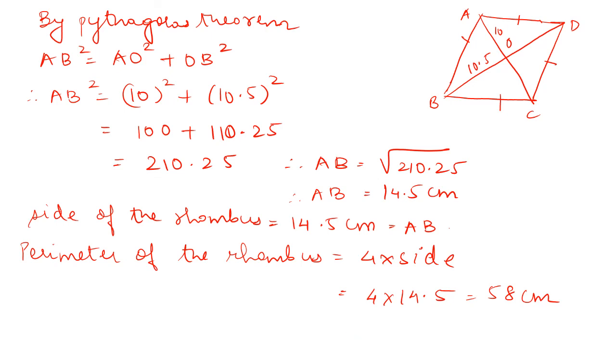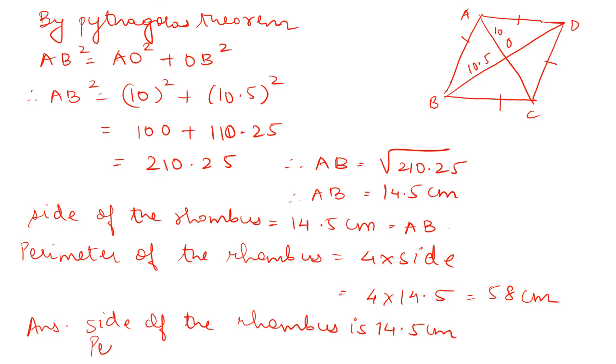So your answer is that the side of the rhombus is 14.5 centimeters, whereas the perimeter of the rhombus is 58 centimeters. The last sum in this exercise I will give you as homework. So please try and solve that.